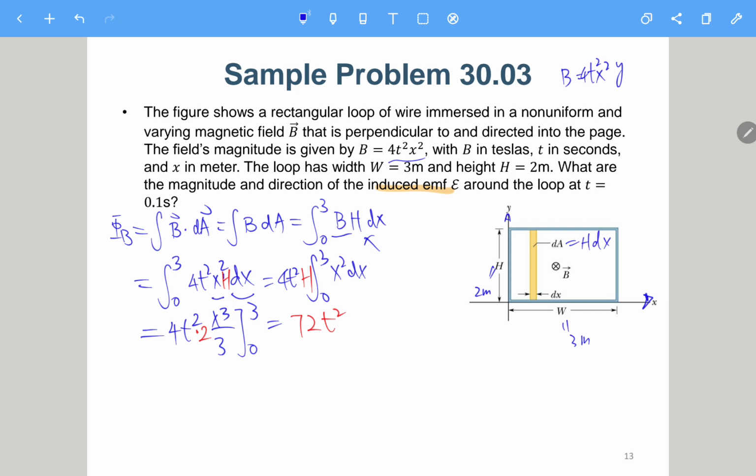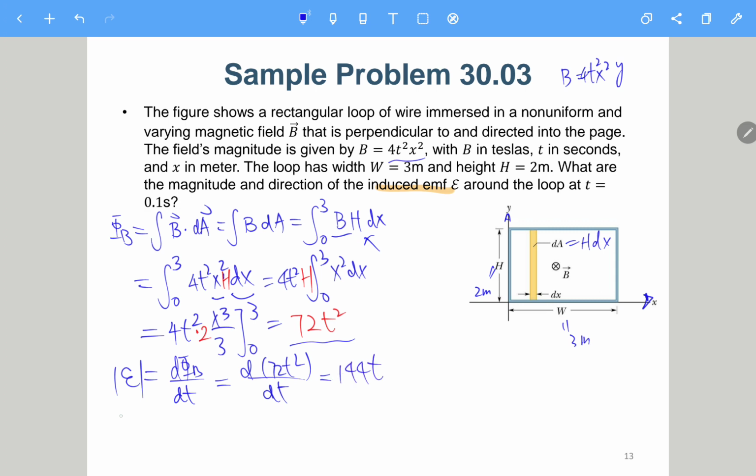Okay, so we can put in the numbers. Finally, the absolute value of the EMF will be d phi_B dt. This is phi_B, so d phi_B dt will be d of 72t squared over dt, which is nothing but 144t.